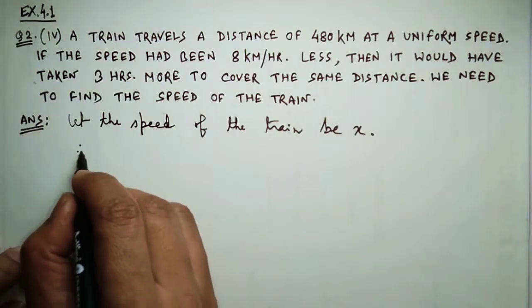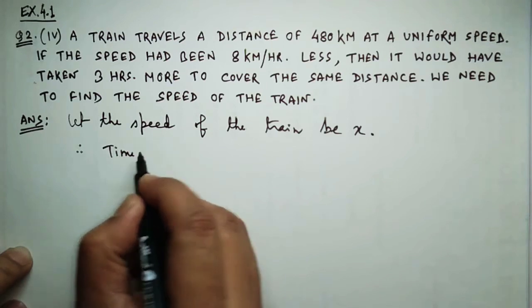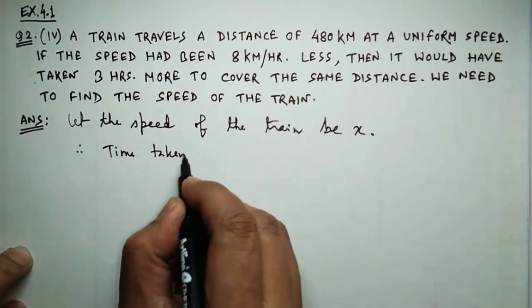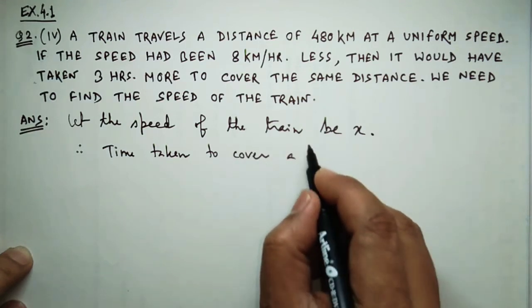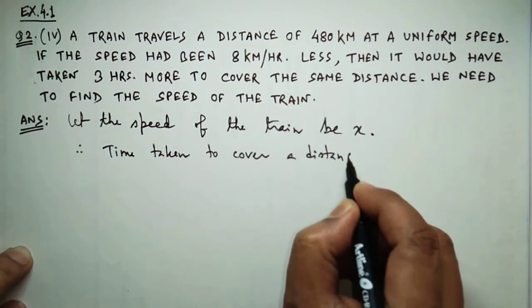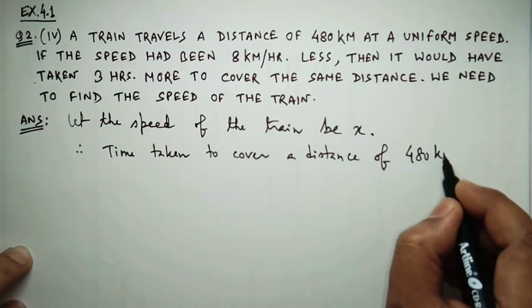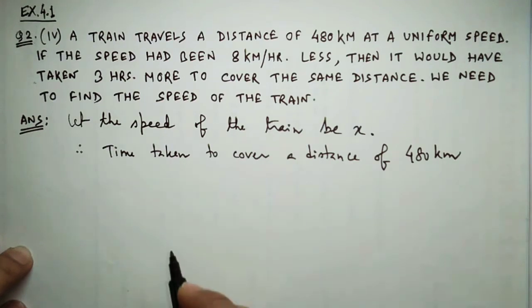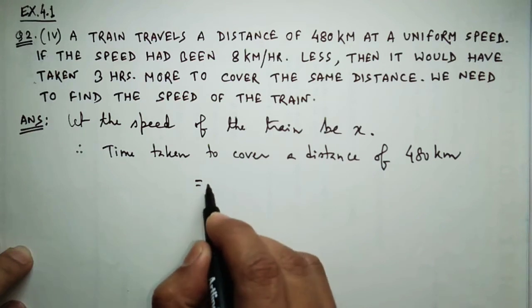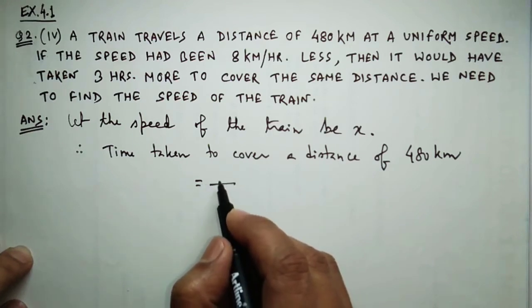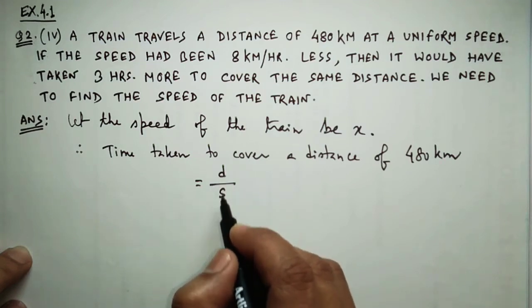Therefore, the time taken to cover a distance of 480 kilometers will be, the formula for time taken is d by s, distance by speed.